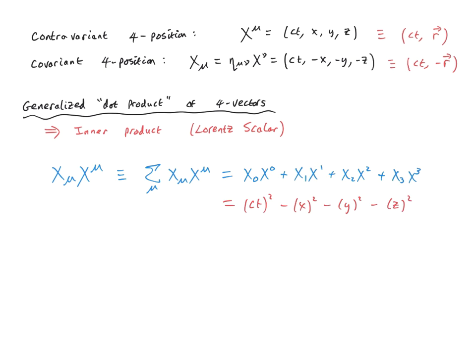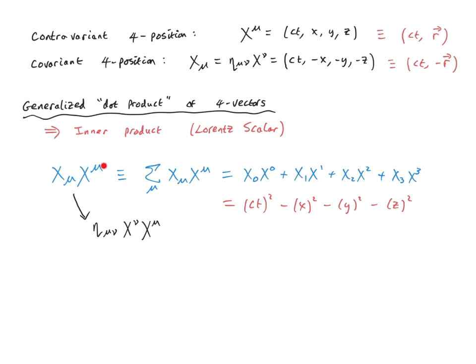The fact that we have one covariant and one contravariant 4-vector means that we get these minus signs here. We get a relative minus sign between the space-like components and the time-like components when we do this contraction.